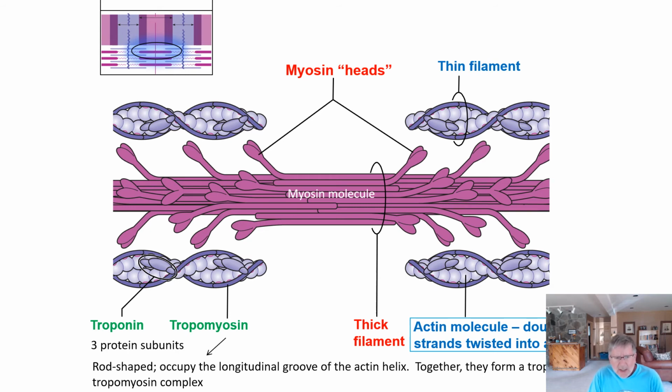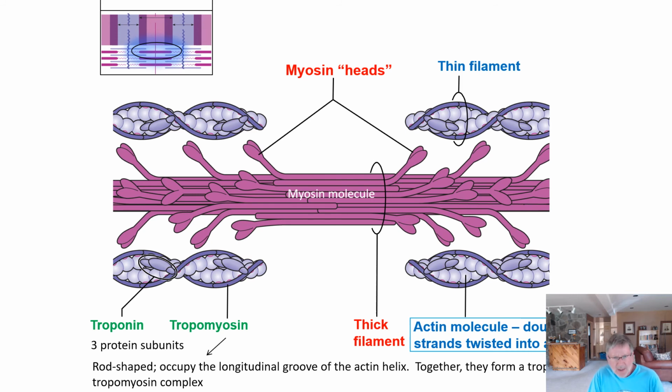Okay, so the rod-shaped blue strand here is referred to as tropomyosin, and occasionally we run across this 3 subunit protein called troponin. And together these two structures make up what's referred to as the troponin-tropomyosin complex. And I can see from the video here that I've kind of cut off the last part of this sentence, but if you go back to the non-narrated PowerPoint slides, anything that happens to be cut off by the video you can access.